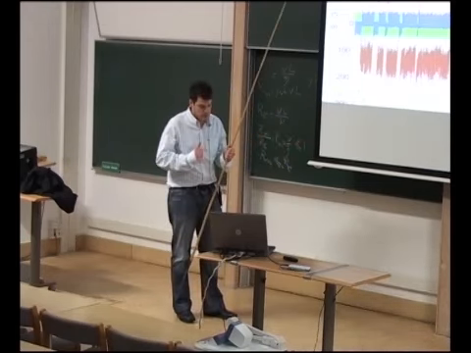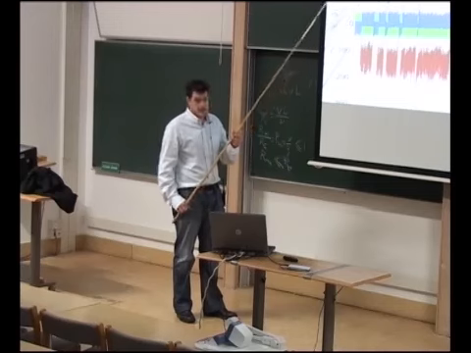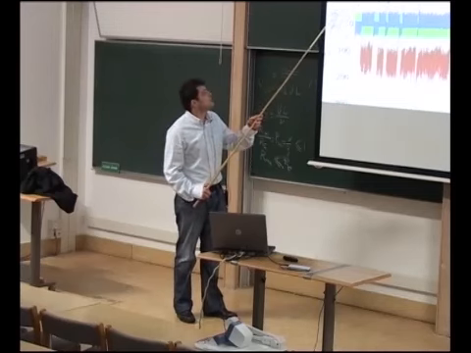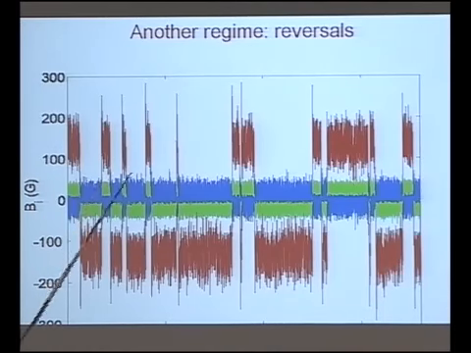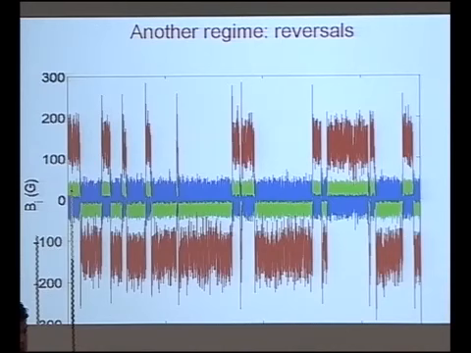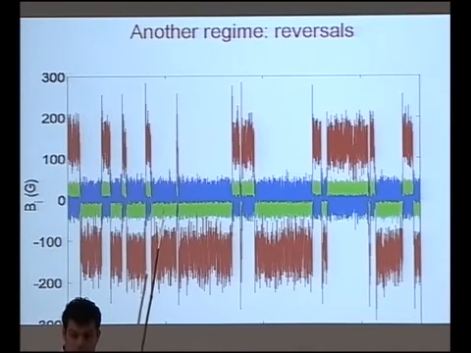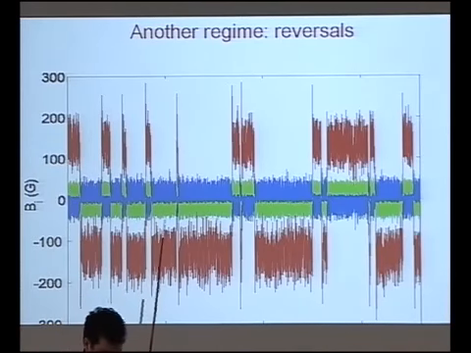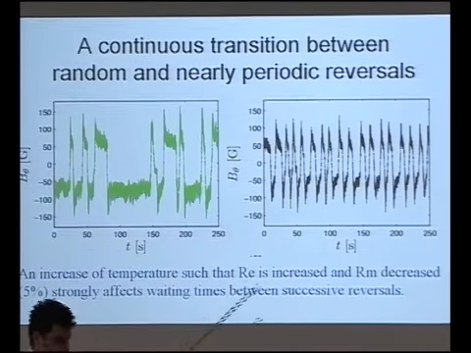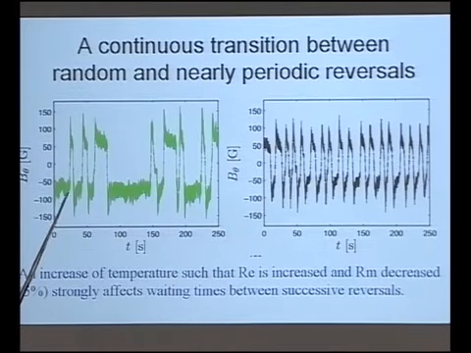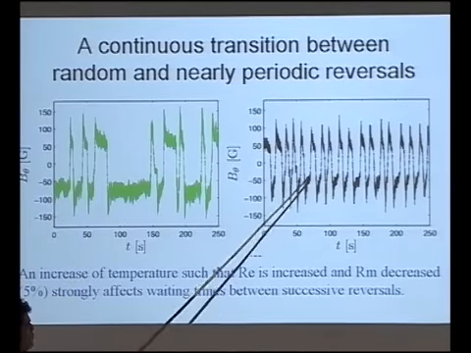It's interesting to see how this behavior is modified if we change some parameter in the system. So very close to that state, if we change the velocity of one disk, we find again a stationary state, which is one of the polarity here. Stationary, then I change the velocity, I go to this random reversal. And then if we increase the temperature, we modify the parameters of the system, kinetic Reynolds number and magnetic Reynolds number.